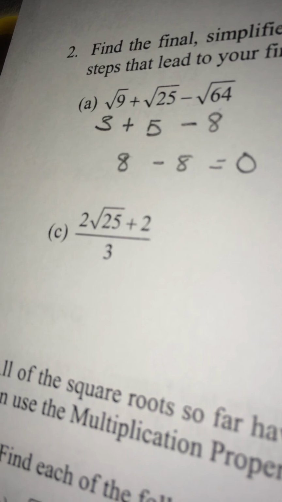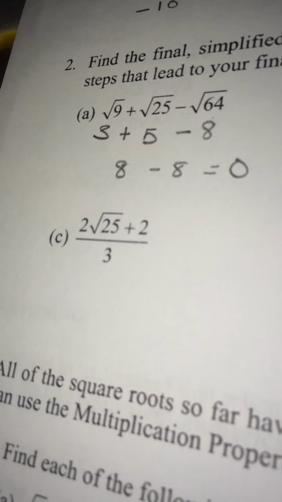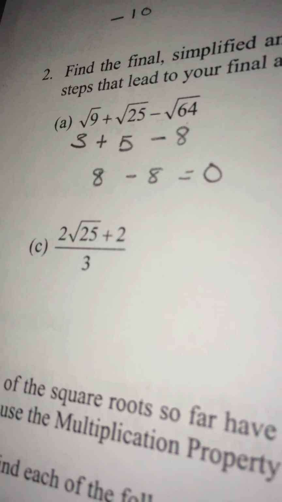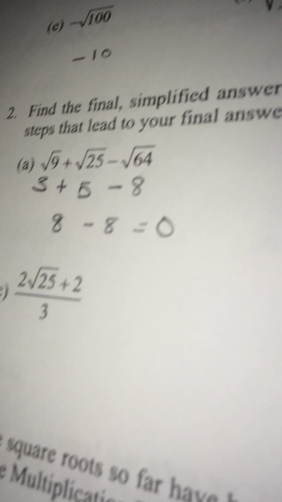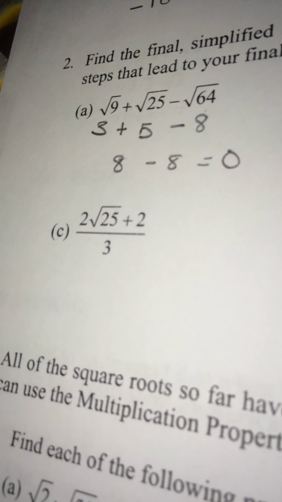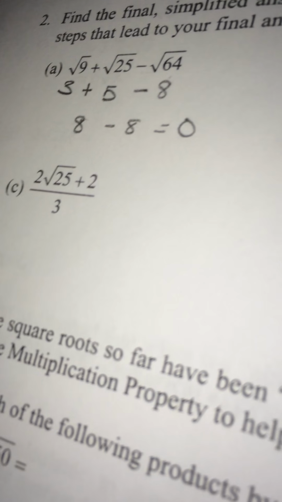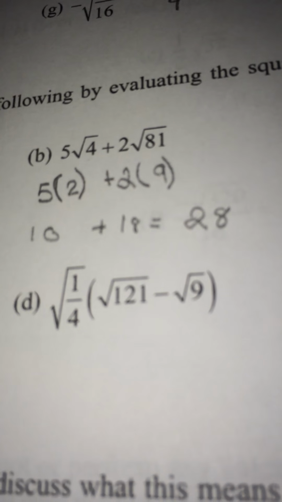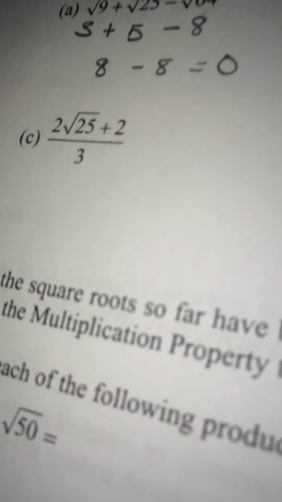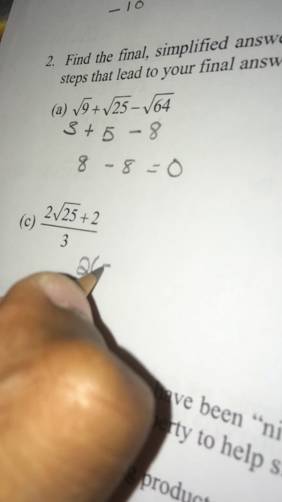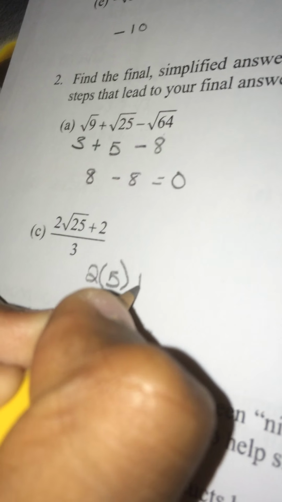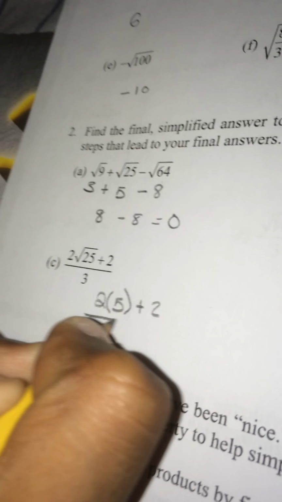C. 2 square root of 25 plus 2, all divided by 3. I never had a division problem like this. Let's see if we can get through it. Just like before, I want to put the parentheses for all the square roots. So first, I will do 2, square root of 25 is 5, plus 2 over the 3 at the bottom.